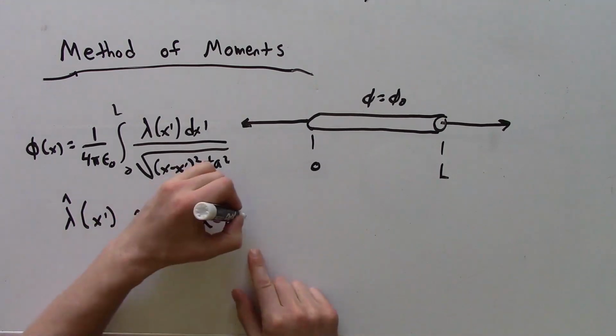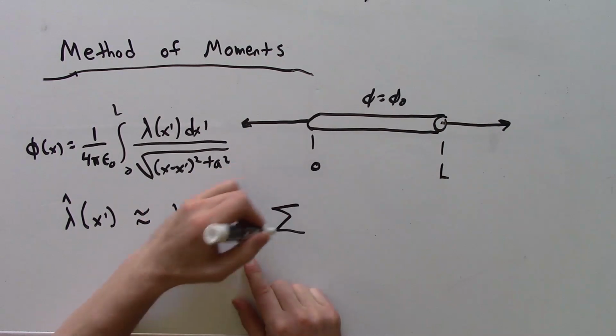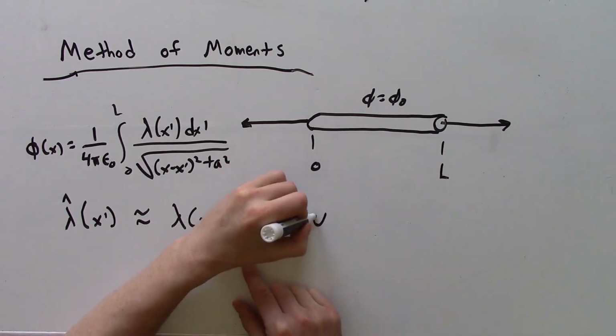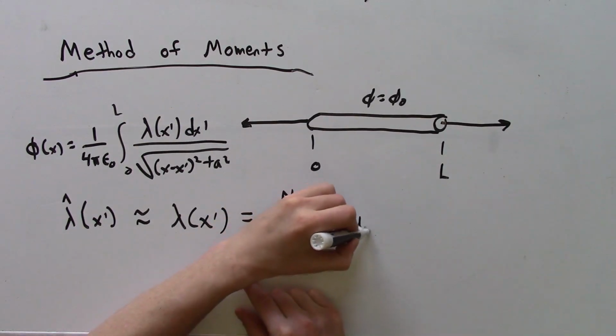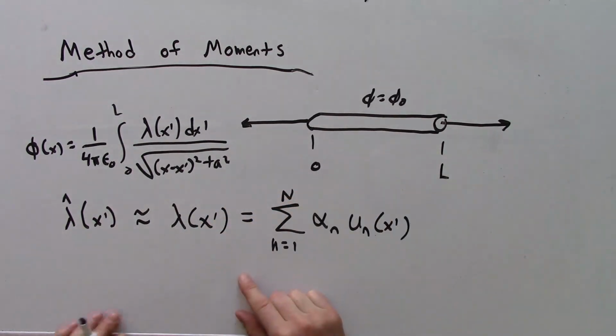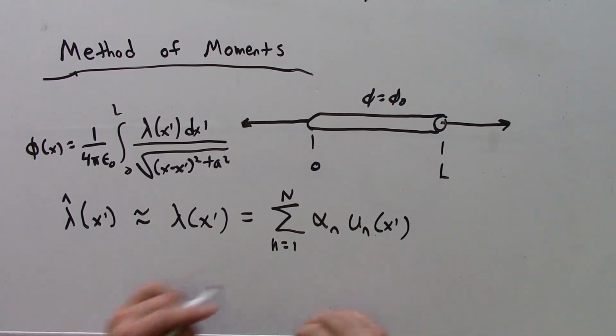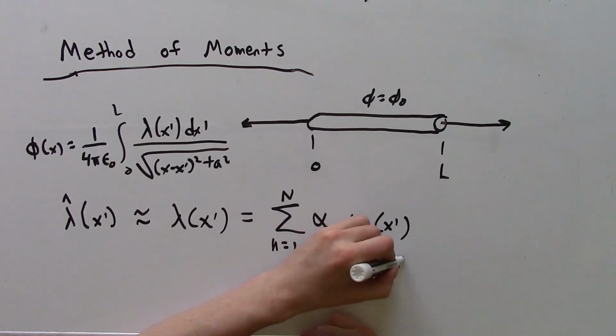And we're going to write this as an expansion of what are called basis functions. So I'm going to write the sum from n equals 1 to N of alpha sub n times u sub n of x prime. This alpha is called an expansion coefficient, and u sub n is called a basis function.